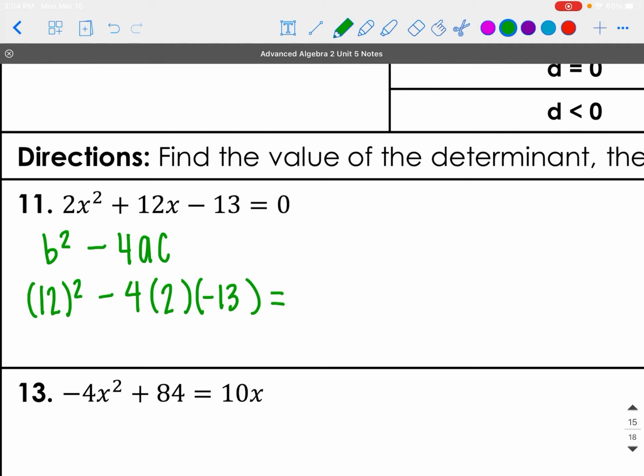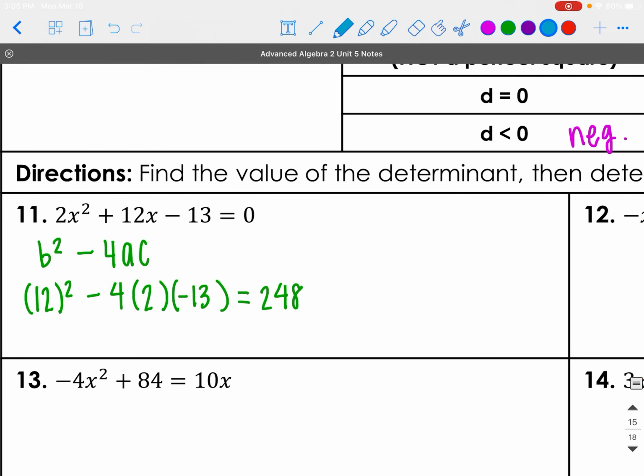And the number I get when I type that in my calculator is 248. That's a positive number, but 248 is not a perfect square. So that means that we have two irrational solutions.